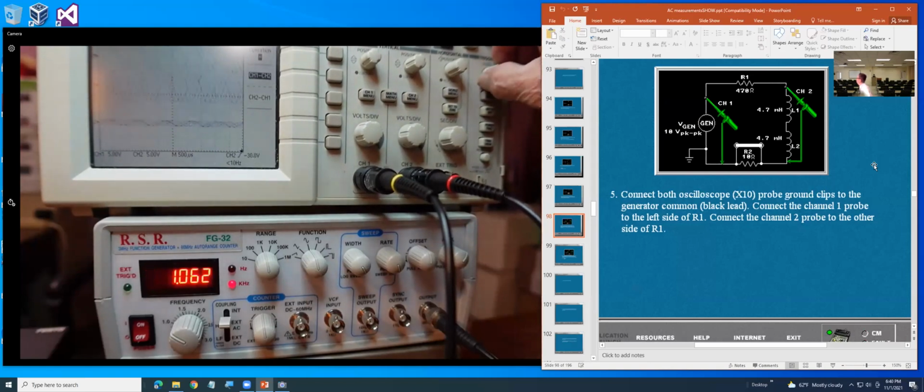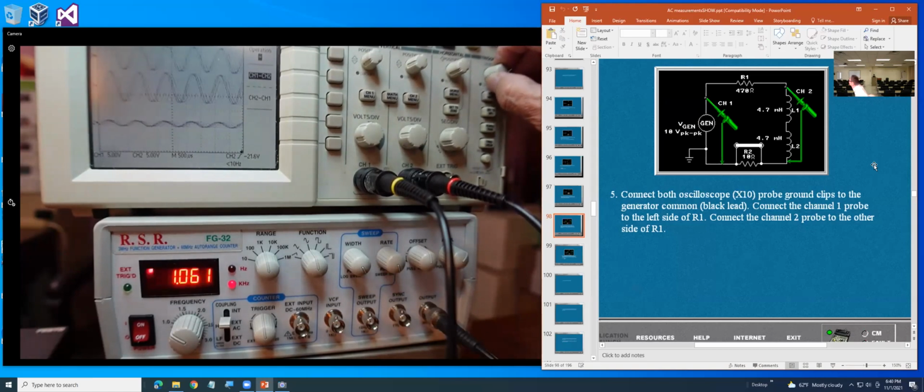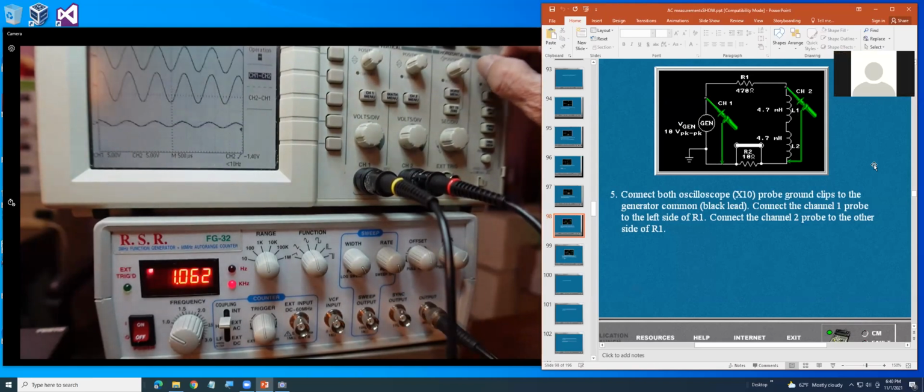The 210 doesn't have a pause or a stop? Or one pulse? No, one pulse or pause. Screen capture.